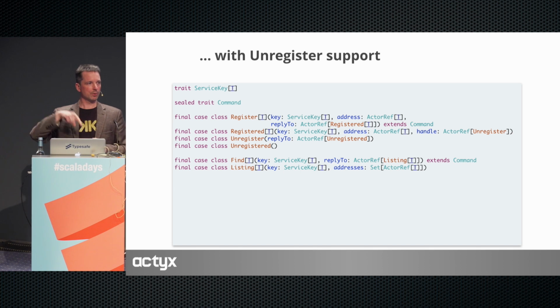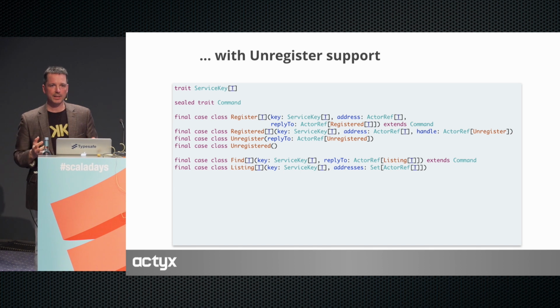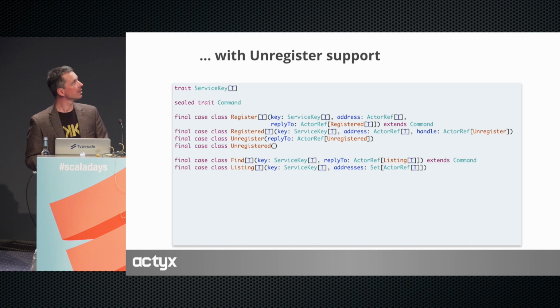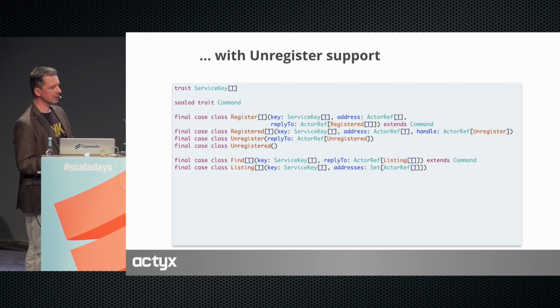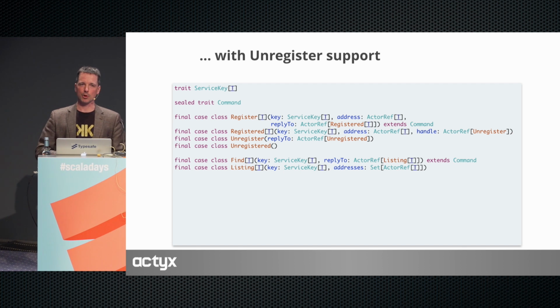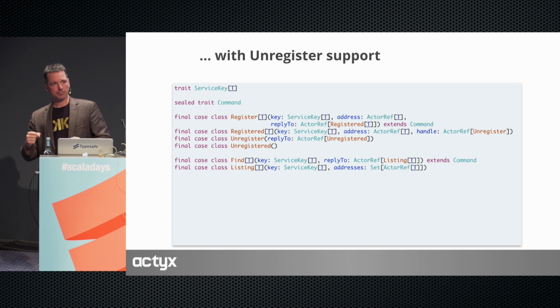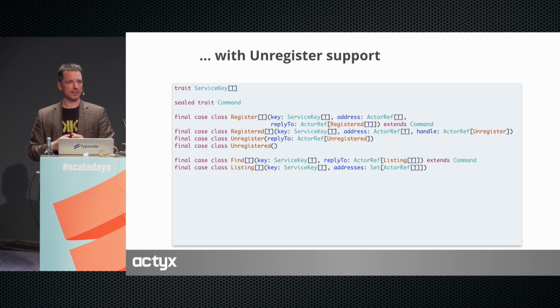So now we have a 4-message exchange that is completely bound by causality. You cannot send the unregister at first. It doesn't extend command. You need to really do the register, get the registered, and then you can unregister. This cannot possibly be done wrong.